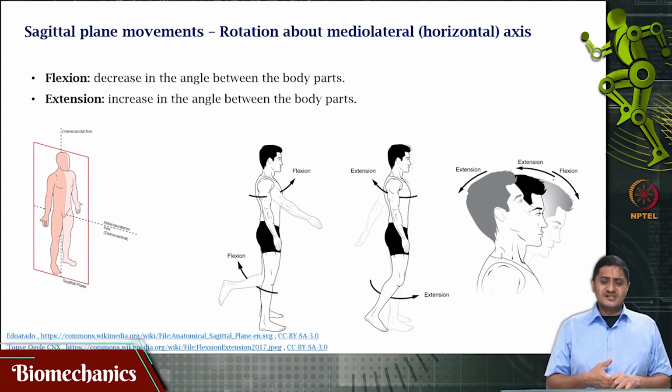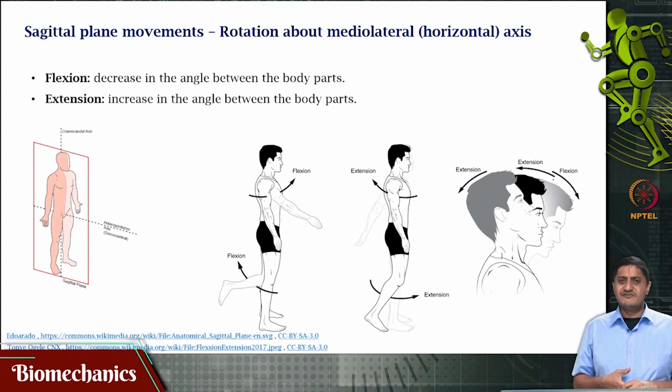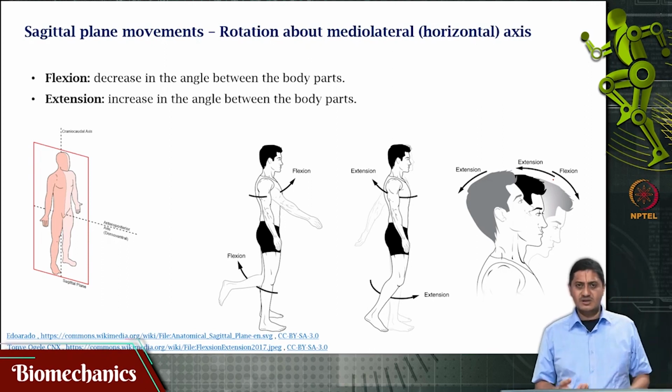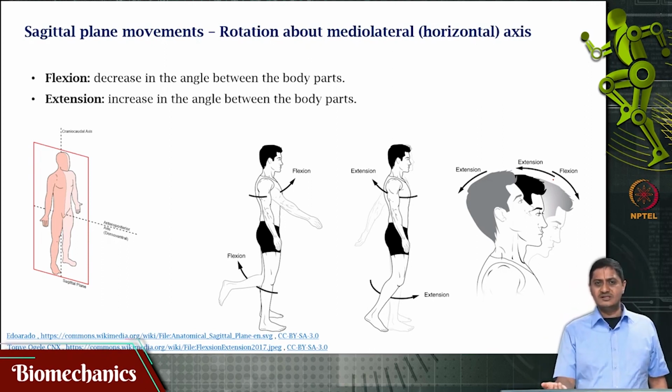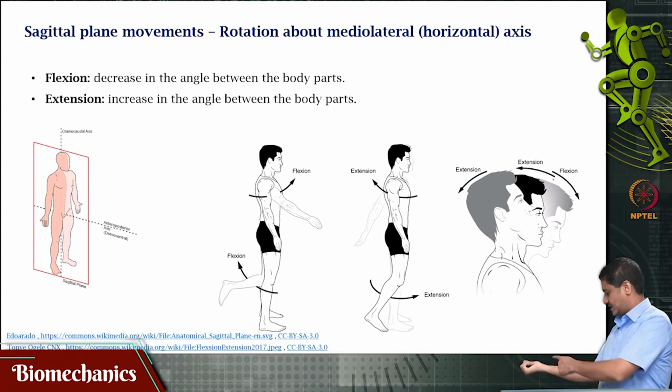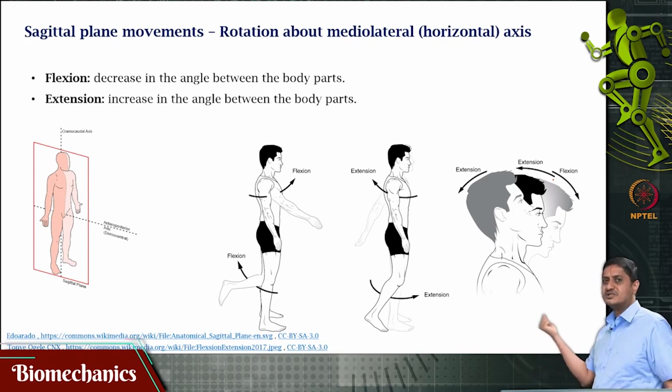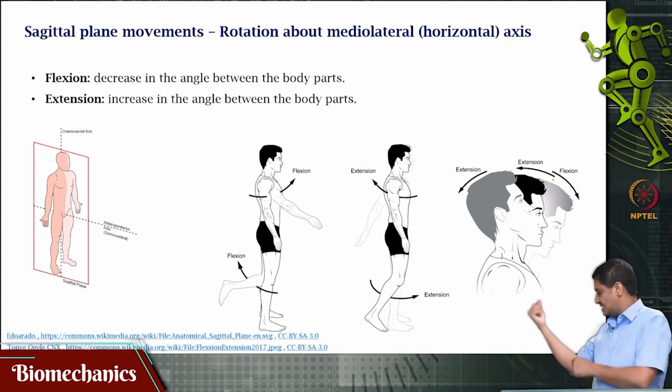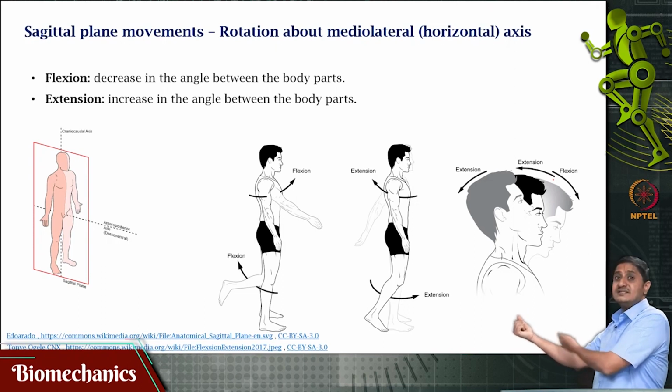So, one such movement is flexion. Now, I am having my elbow like this, I am doing this. This is elbow flexion. I am closing my elbow. This is a decrease in this angle, the angle between my humerus and the radius ulna.